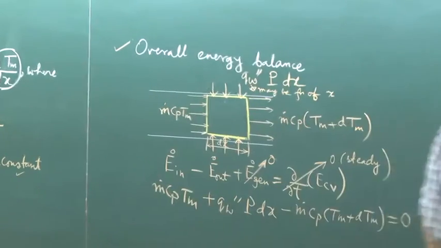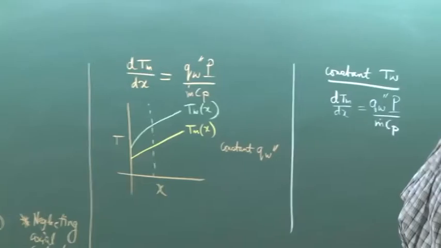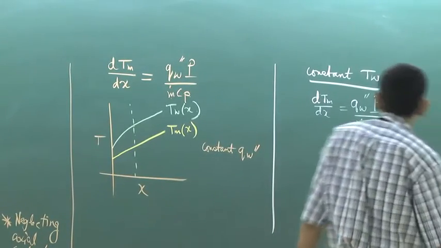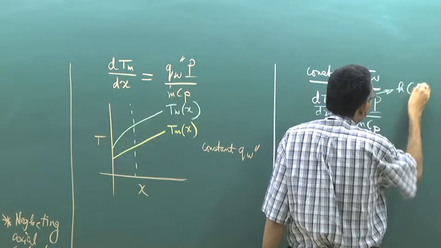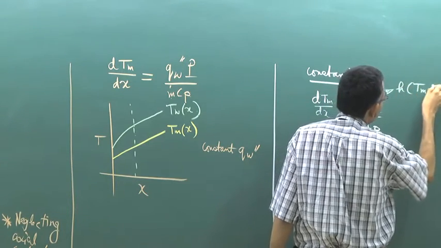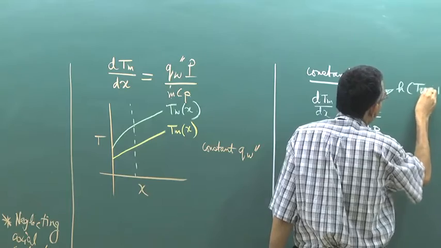If it is the opposite, the sign itself will take care. So in place of q double prime, we will take h into T wall minus Tm.